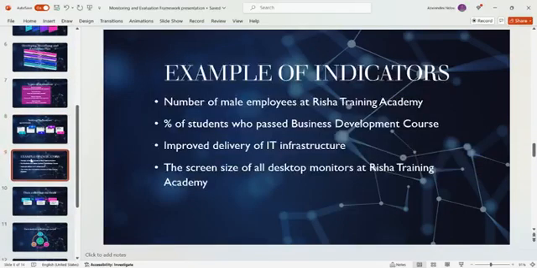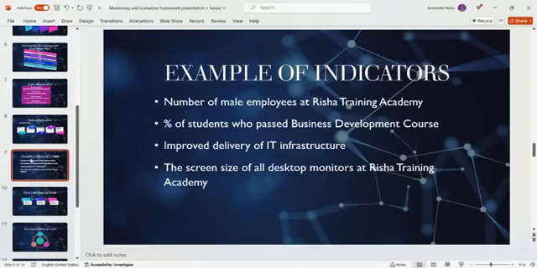Let's give examples of indicators. Number of male employees at Richard Training Academy, that is an indicator, because it is clear what we want to measure: the male employees. Percentage of students who passed the business development course.